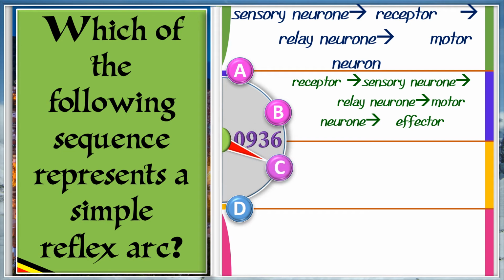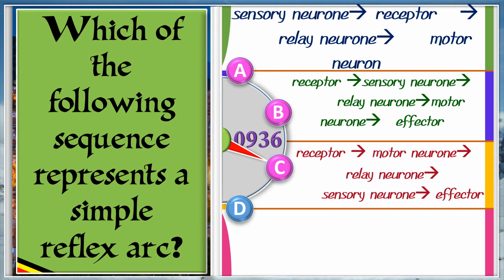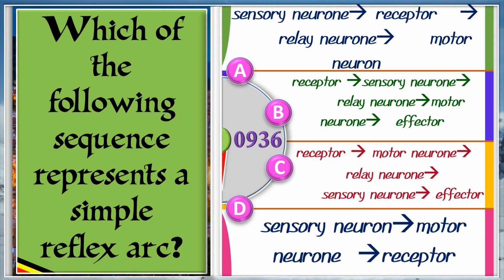C. Receptor to motor neuron to relay neuron to sensory neuron to effector. D. Sensory neuron to motor neuron to receptor. And the answer is B. Receptor, sensory neuron, relay neuron, motor neuron, effector.